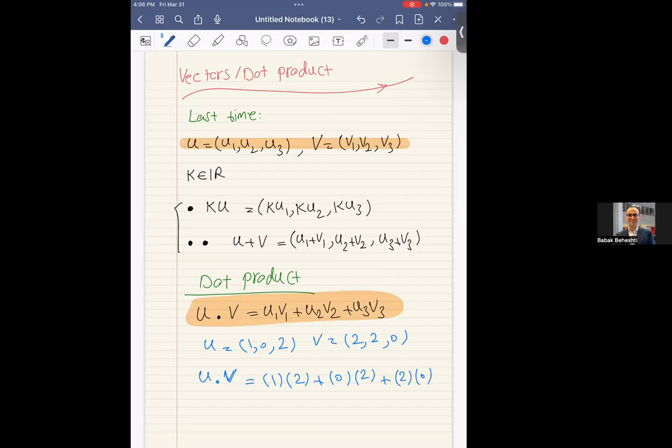The last two terms are 0, so u dot v is just 2. So remember, the dot product, first of all, is a number, and second of all, is defined by this formula.